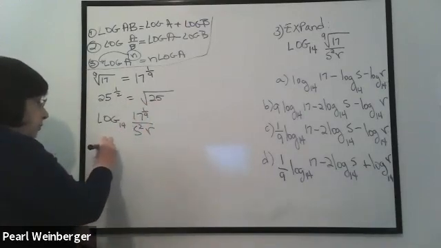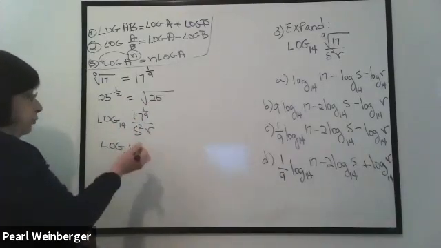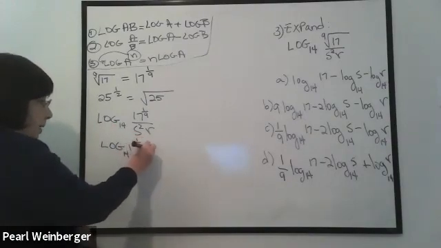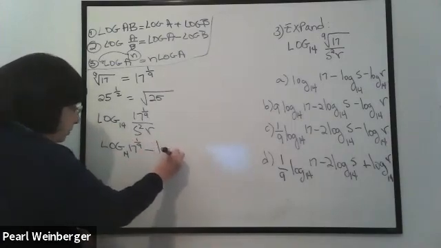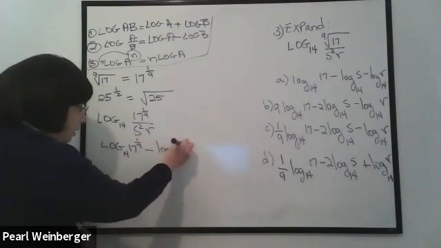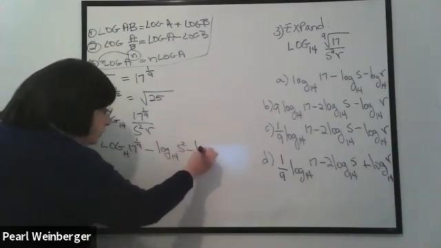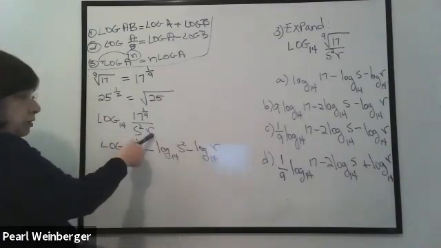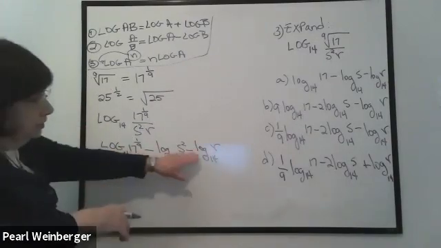So in terms of the logs, these are all base 14 logs: log base 14 of 17 to the 1/9 minus the log base 14 of s squared, and also minus the log base 14 of r.